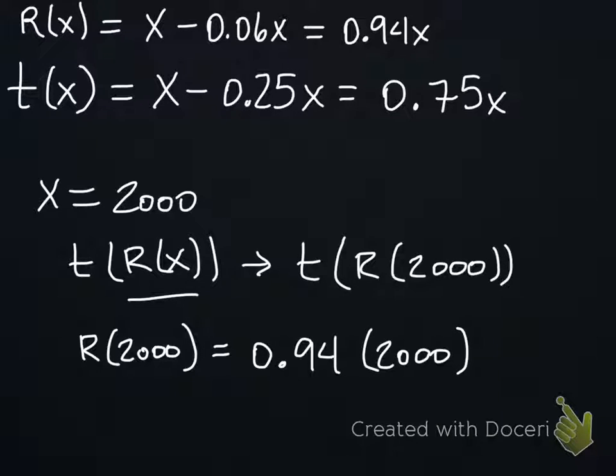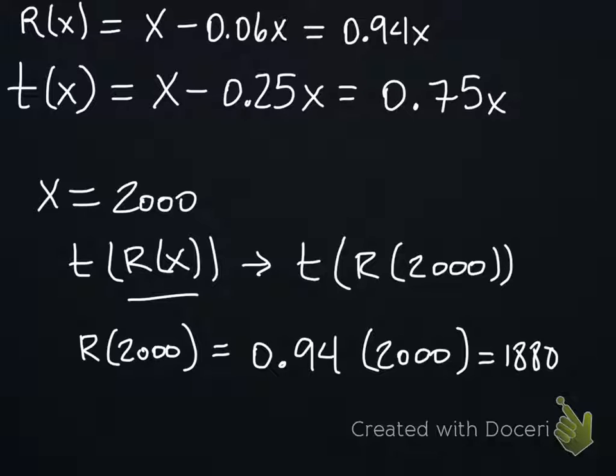So that's like 1,880, I believe. Let me pull out my calculator just to check this. So 0.94 times 2,000 is 1,880. Okay, so that's after your retirement.